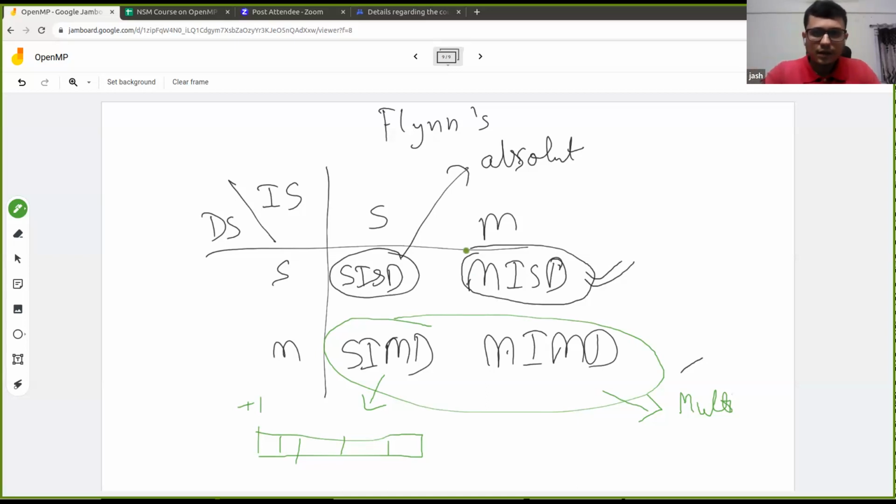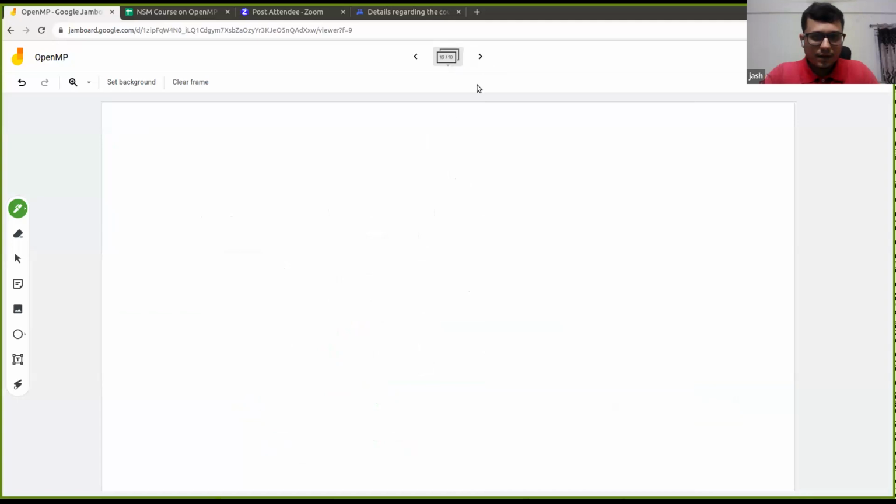Let me see if I can use my whiteboard again. What I mean by MIMD is that, let's say you have core 1 and core n, and you have some random operations, let's say multiplication, division, anything, on multiple sets of data.